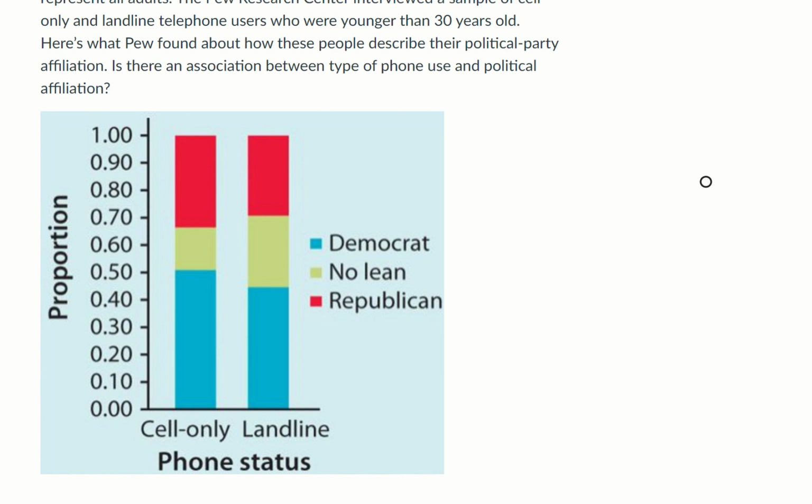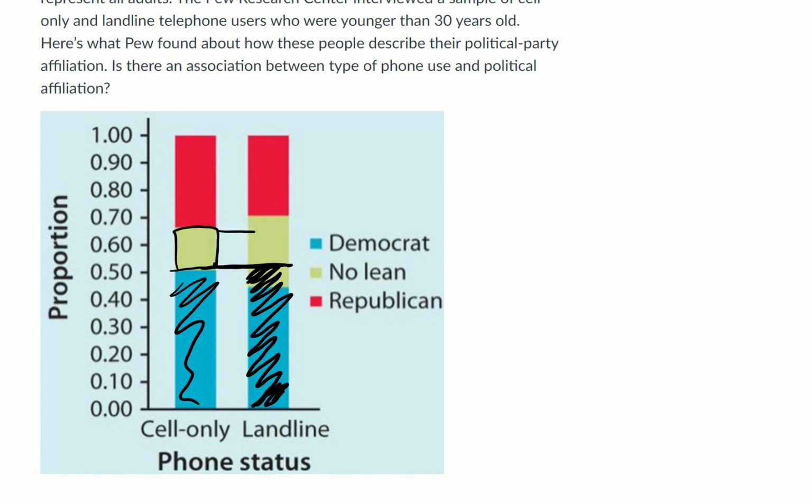if the bars are equal, if these bars were absolutely identical, like this blue bar was filled to the same level as this blue bar, and then the same thing for the other one, this is the same as this. If these were all the same, then we could say that there is no association at all between the political party and the type of phone use.